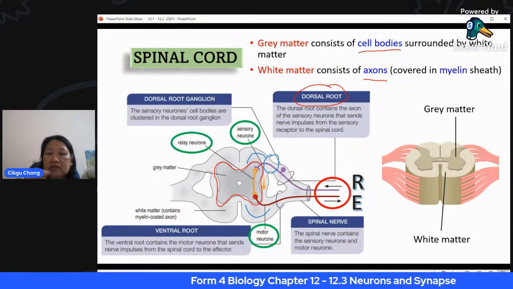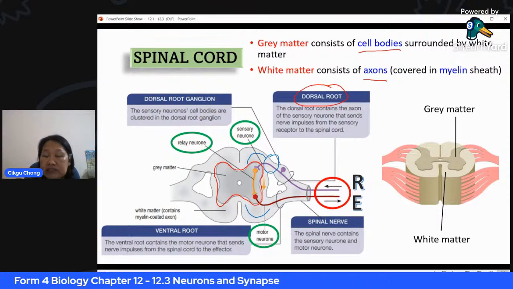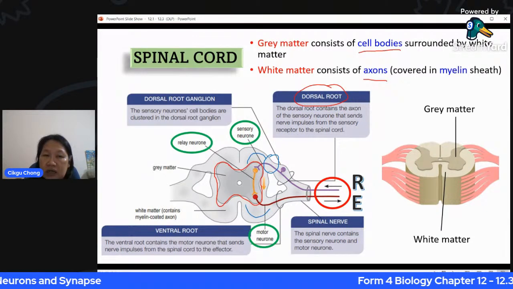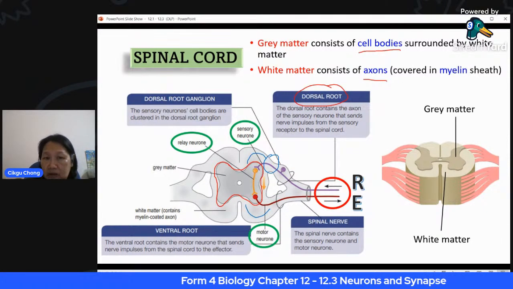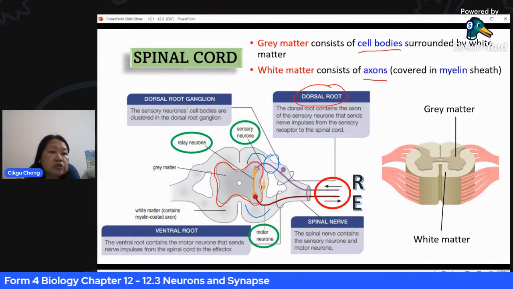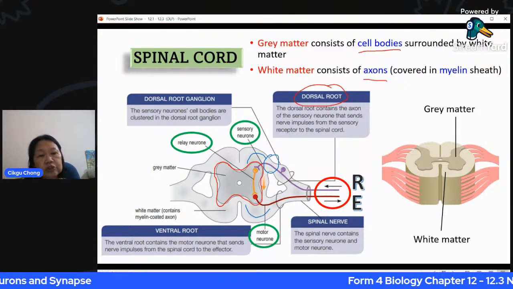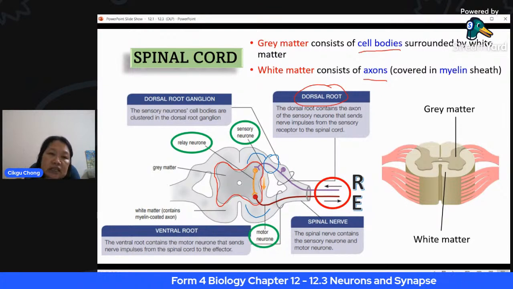So you see the direction: the impulse moves from the receptor into the spinal cord through the sensory neuron. In the spinal cord, the impulse is transmitted from the sensory neuron to the relay neuron, and then from the relay neuron to the motor neuron before it is sent to the effector.